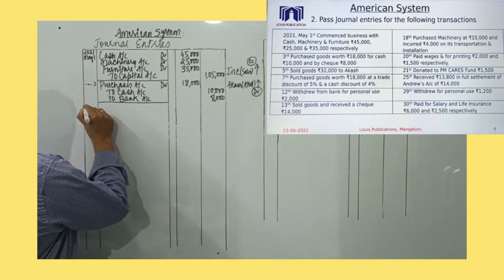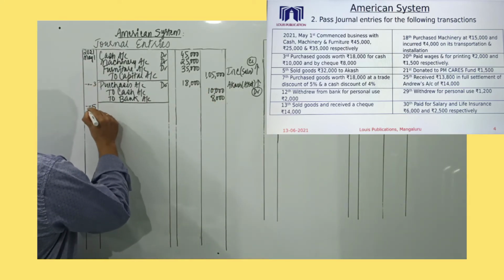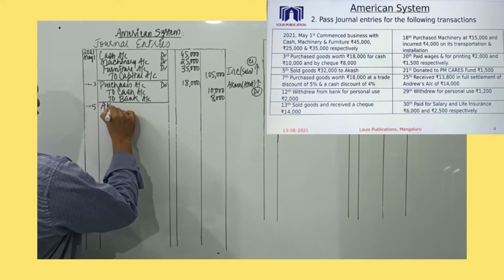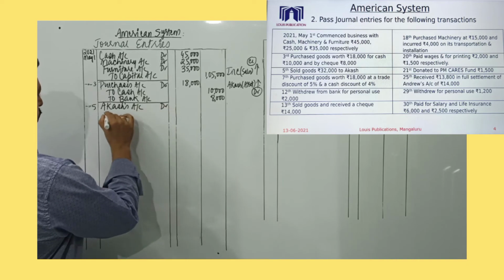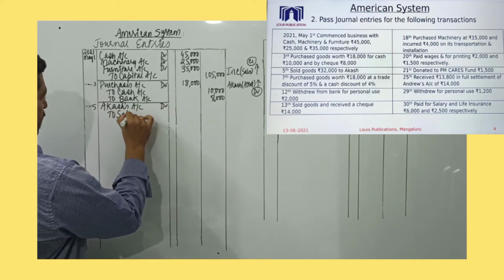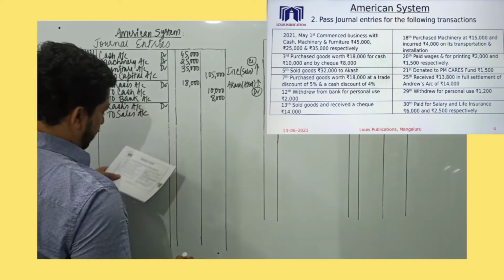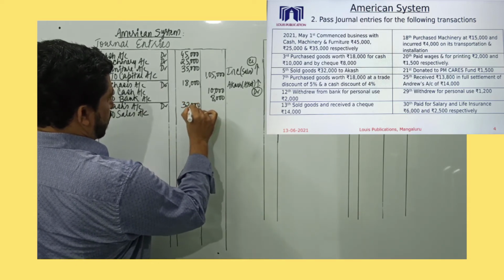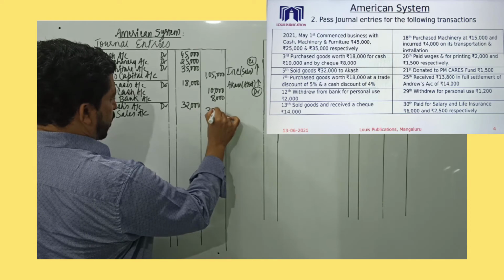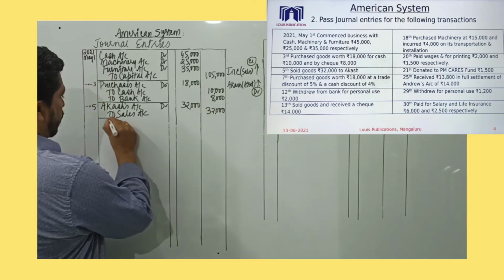So the entry over here, date will be 5th and the entry would be Akash's account debited to sales account. The amount is 32,000. So you can record the narration being goods sold to Akash.